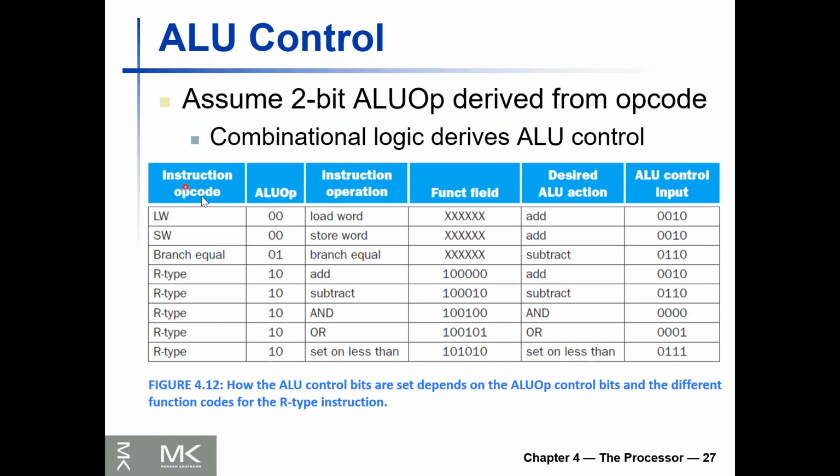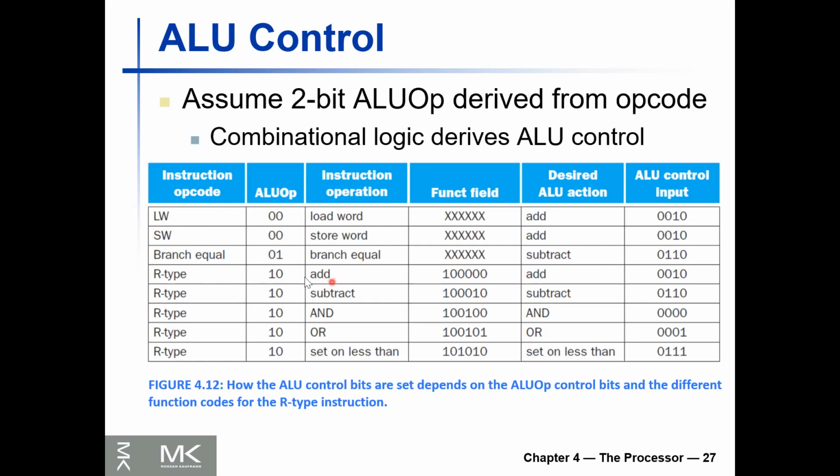So girls, look here, we have the instruction opcodes basically, and then we have the ALU opcode. It is derived, as it is mentioned, a 2-bit ALU opcode derived from the opcode. We are taking 2 bits of the operation code as the ALU opcode. Then what is the instruction operation? LW stands for load word, SW stands for store word, branch equal stands for branch equal, same for R type.